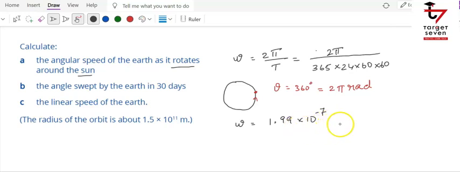The unit for the angular velocity or angular speed would be radians per second. So this is the answer to the A bit.